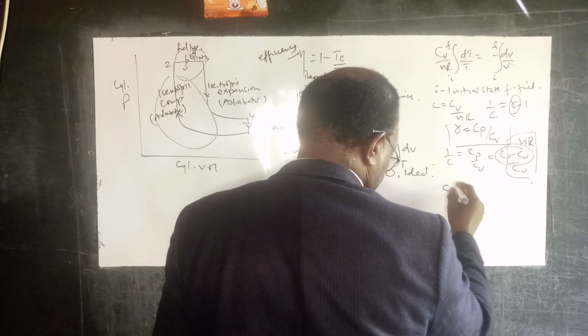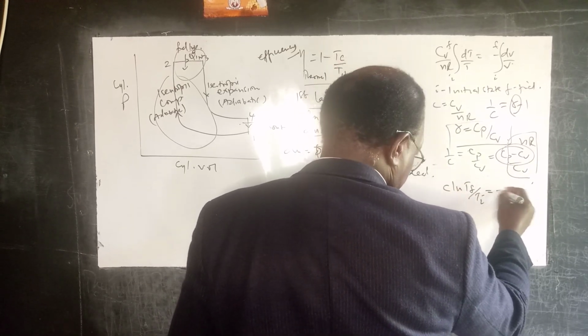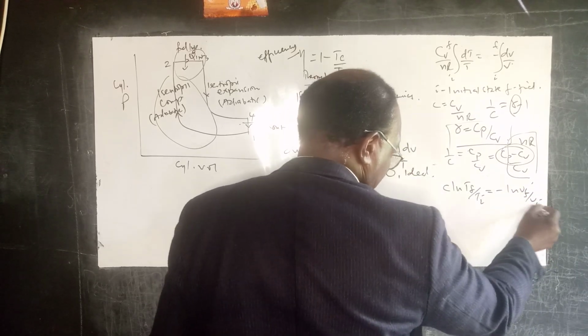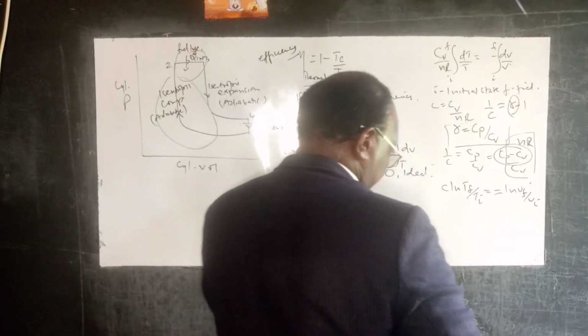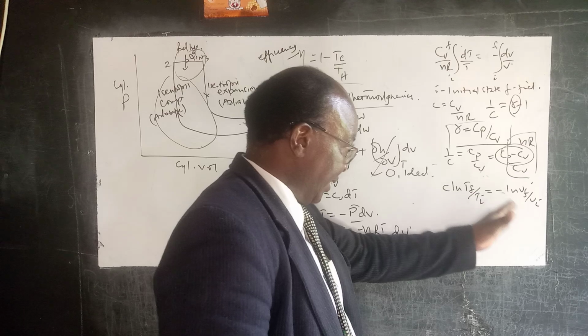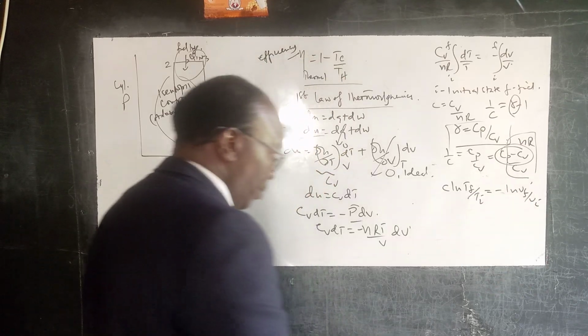So we get C natural log of TF over TI is equal to minus natural log of VF over VI. Remember, when we remove that negative quantity, we invert the quotient. If I remove the minus sign, then VF will become the denominator and VI the numerator.